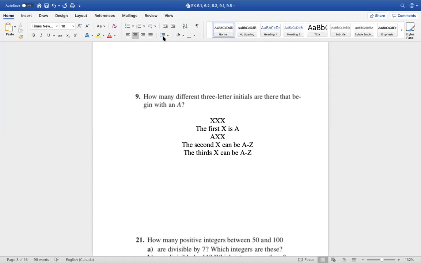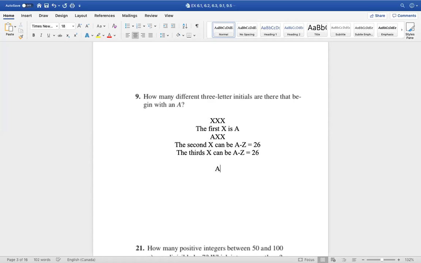Okay. So here the first is the letter A, and then the second letter can be any alphabet between A to Z. There are 26 possibilities for this, and 26 possibilities for the third as well.